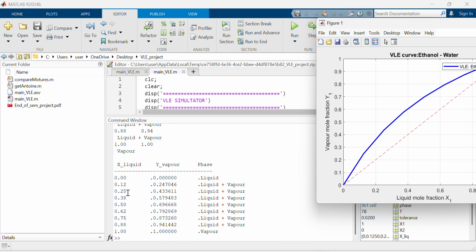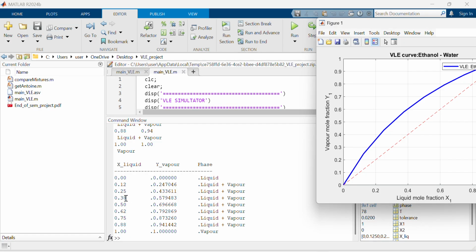This shows us that our first component, which is ethanol, is more volatile than water. Hence, it will evaporate easily, making it have an excess in the vapor. Now again, what will be the state or the phase? At this temperature and pressure, we will have both liquid and gaseous or vapor state.